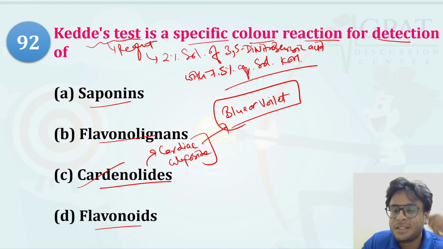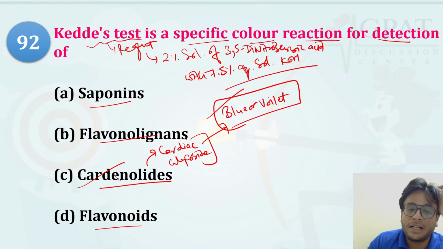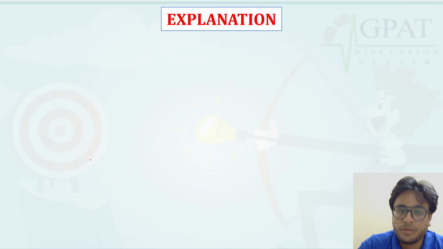That mainly gives a blue or violet color with the cardiac glycosides and the cardenolides. So C is going to be the correct option.